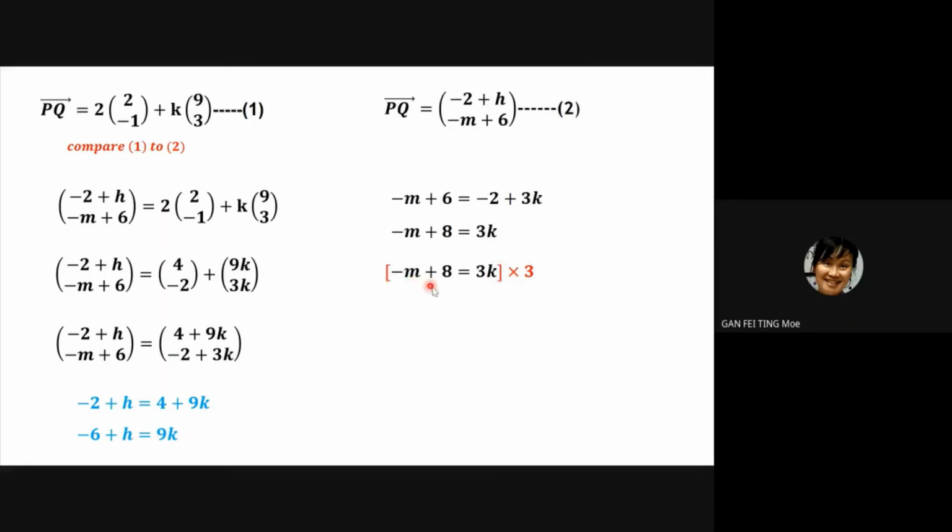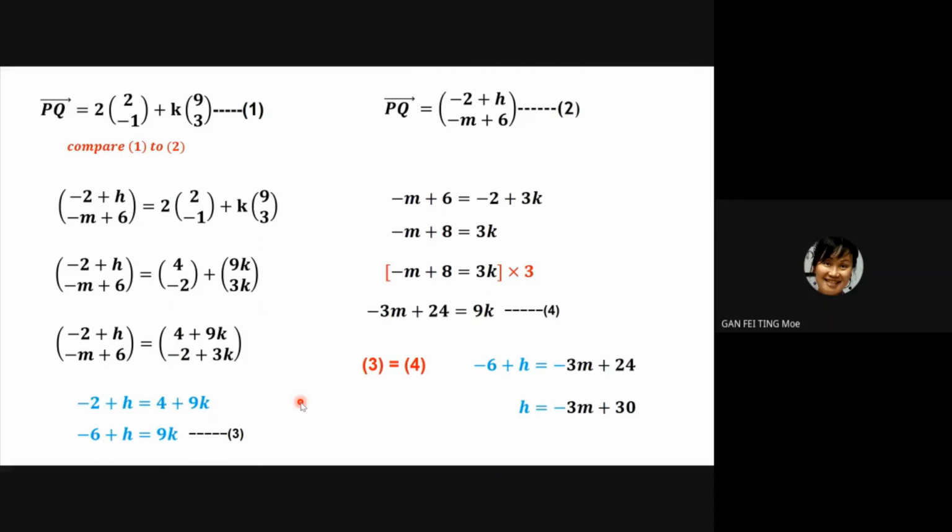So when I darab 3, I'll get it as negative 3M plus 24 equals to 9K. Right? So then I see the 9K. Okay, this is my equation 3 and this is my equation 4. So what I do? 3 equals to 4. So negative 6 plus H equals to negative 3M plus 24. So, susun semula. Your answer should be H equals to negative 3M plus 30.